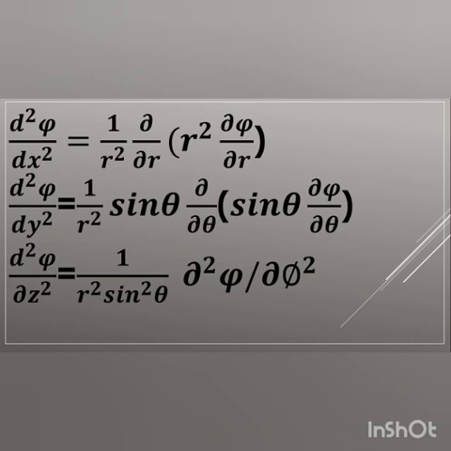If you recall from what you studied earlier in mathematical physics, each of the second derivatives in the Schrodinger time independent equation which we wrote earlier is related to the spherical ones by del square psi by del x square equals 1 by r square del by del r of r square del psi by del r, del square psi by del y square equals 1 by r square sine theta partial by partial theta of sine theta partial psi by partial theta, and del square psi by del z square equals 1 by r square sine square theta partial square psi by partial phi square.